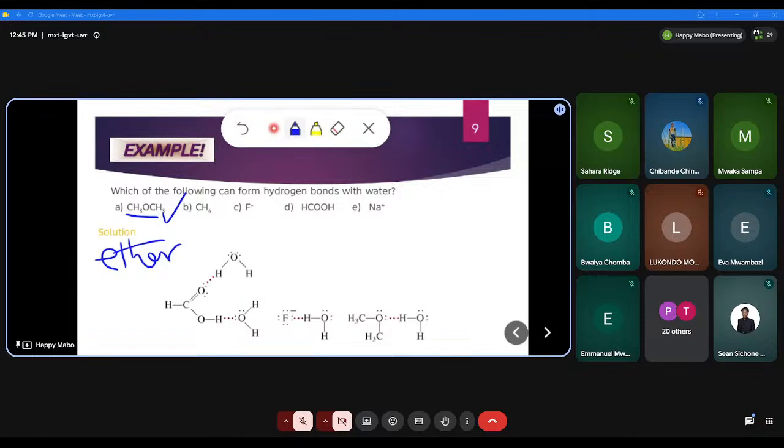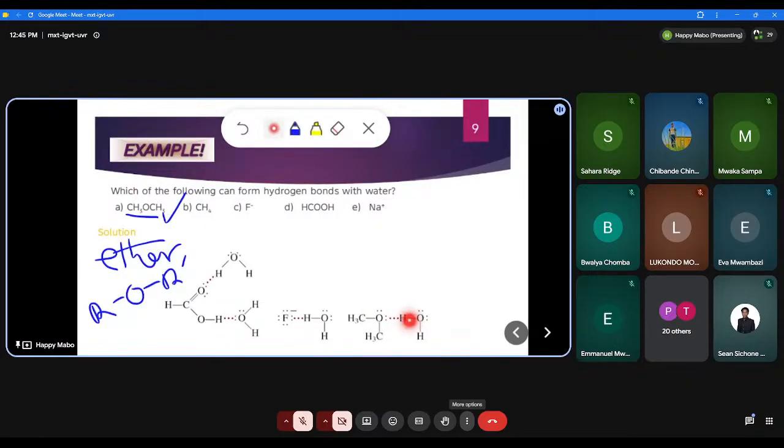Ethers are compounds that have an alkyl group on one side connected to the other side through oxygen. In this case, we have methyl groups in this example. That's a methyl group, that's a methyl group, and then you've got dimethyl ether. Dimethyl ether has an oxygen with two lone pairs of electrons. Either of these two lone pairs of electrons can be used to form an interaction with the hydrogen atom of the water molecule.